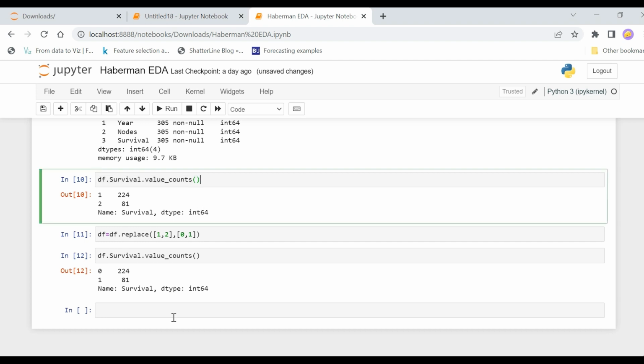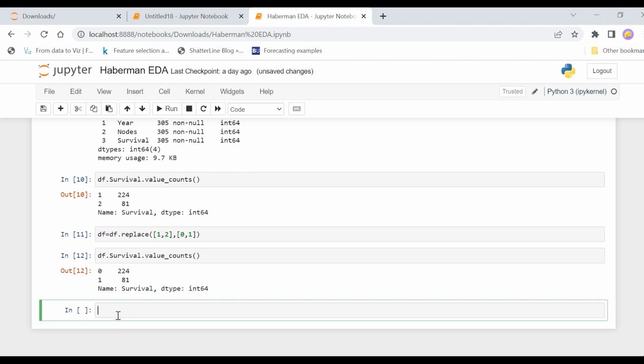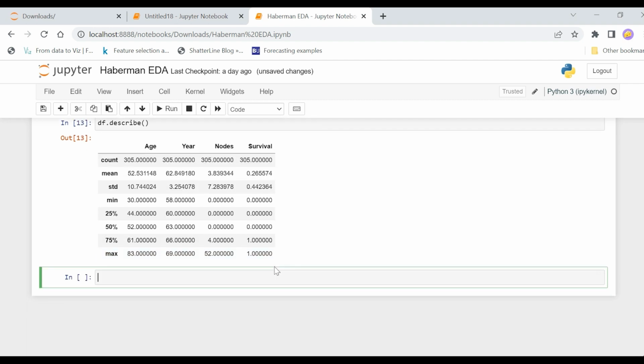So now let us see the data description. So df dot describe. When I use the description, we can see the age. So you have the minimum age, I can put a comment here, minimum age is equal to 30.